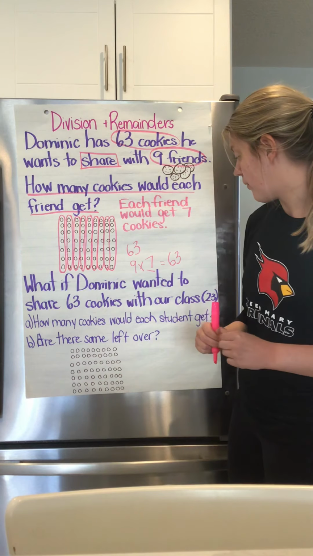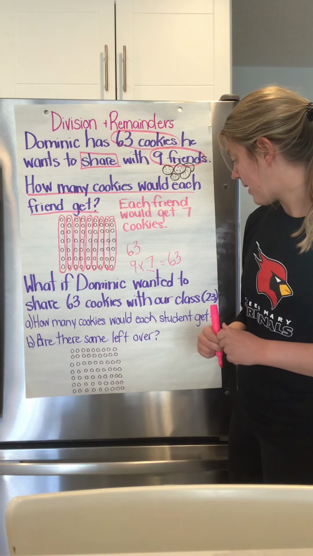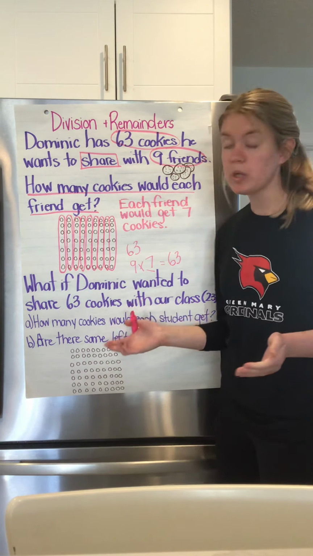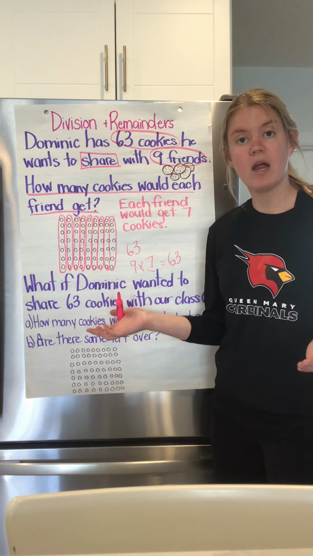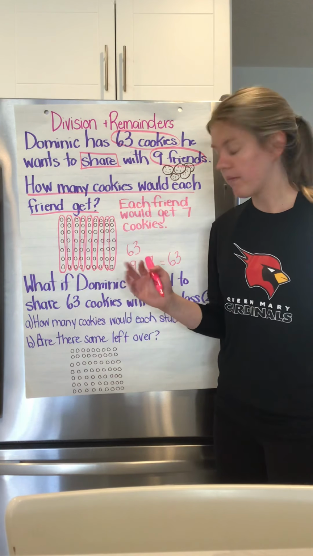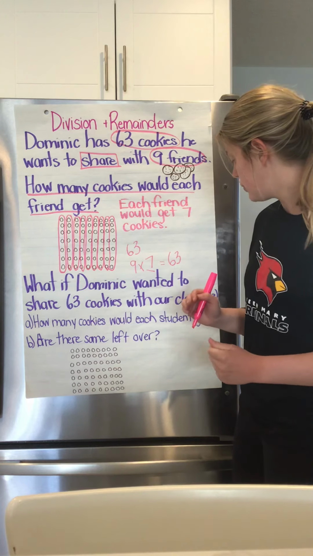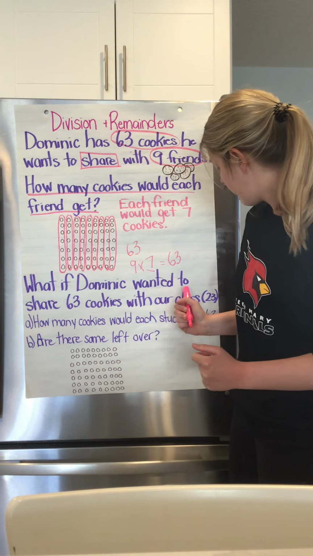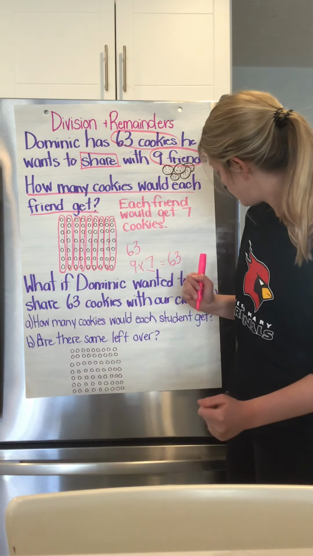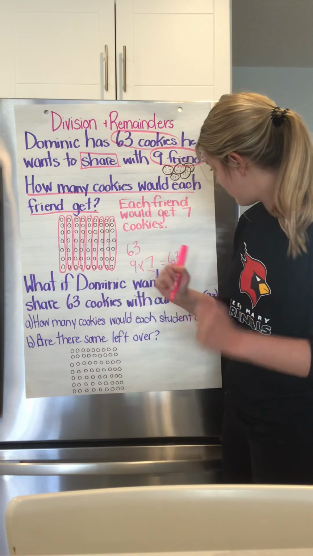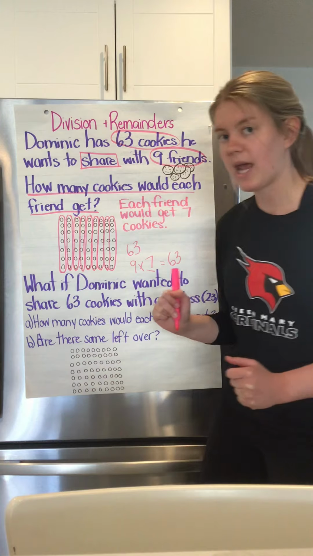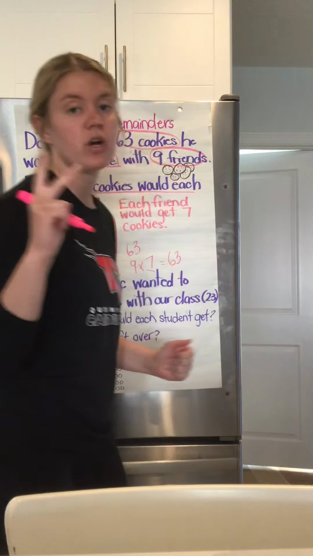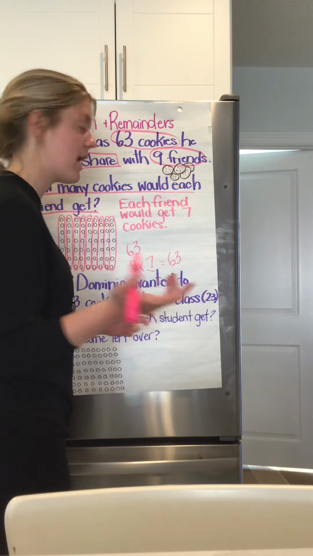I'm going to start with 2, because 2 seems like a good number, and see if I can make 2 in each group. Because if I'm adding 23 two times, I know that number is going to be less than 63, so I'm going to see if everyone can get at least 2 cookies, and then I'll see what I have left over and go from there.